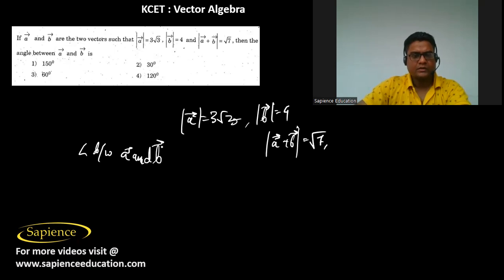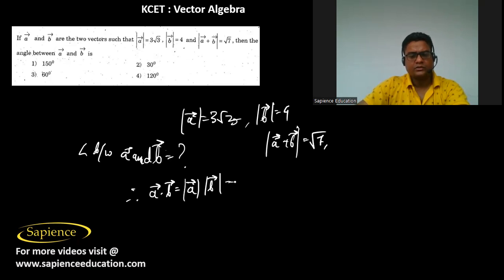Now we know that a dot b is equal to magnitude of a into magnitude of b into cos theta.